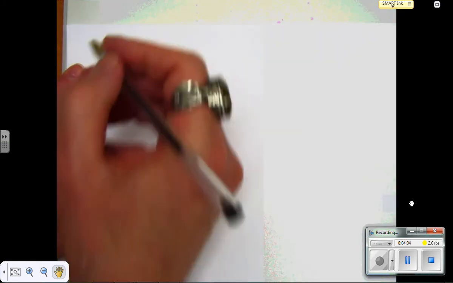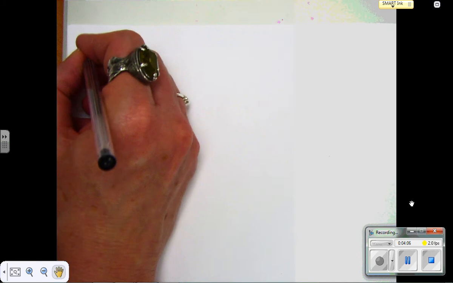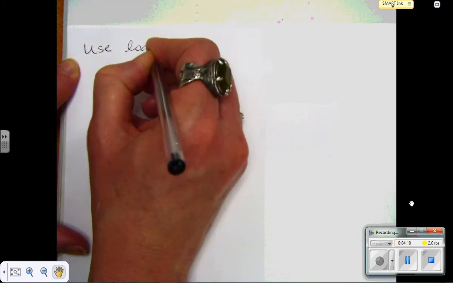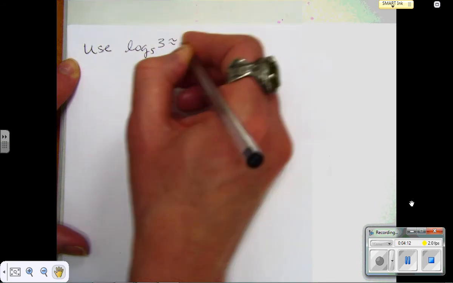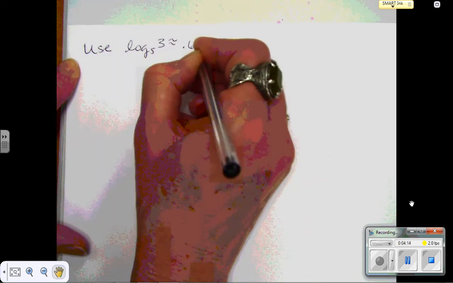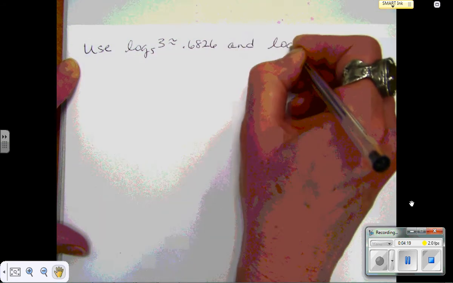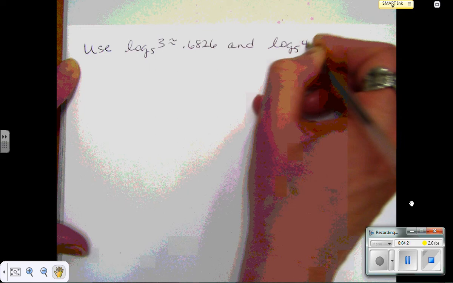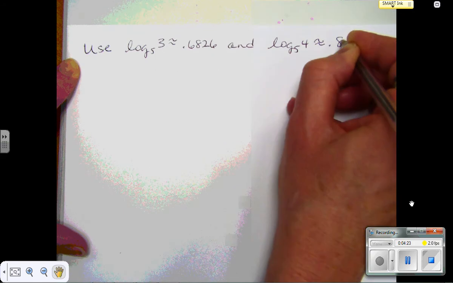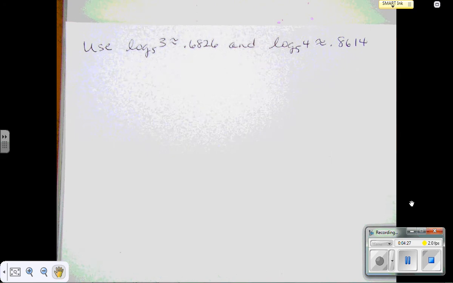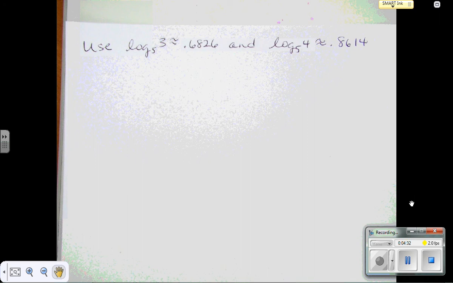It says, use log base 5 of 3 is about 0.6826, and log base 5 of 4 is about 0.8614. And we're going to evaluate each expression. So log base 5 of 3 is about 0.6826. Log base 5 of 4 is about 0.8614.